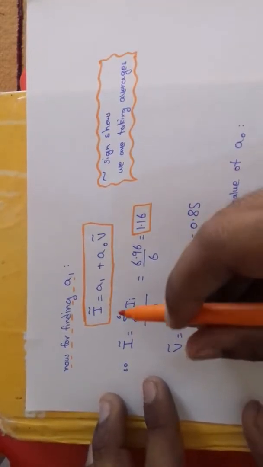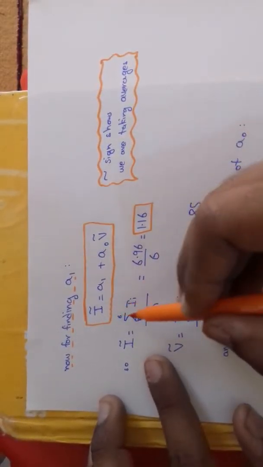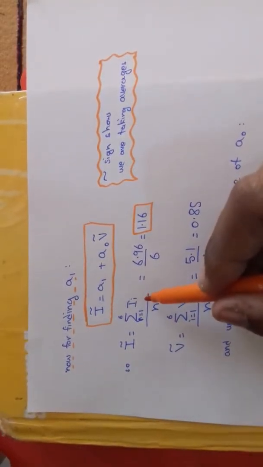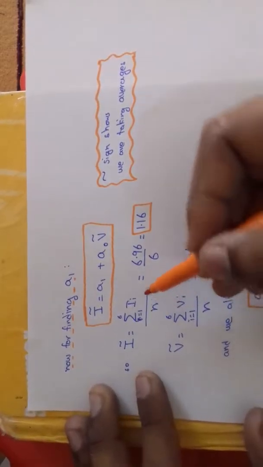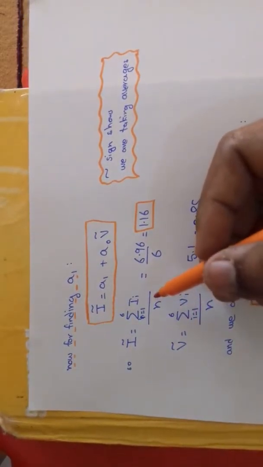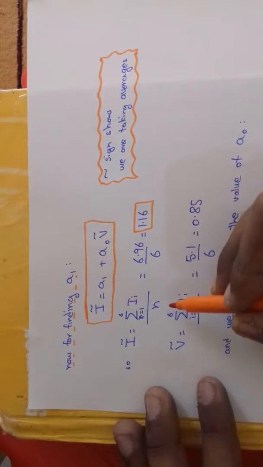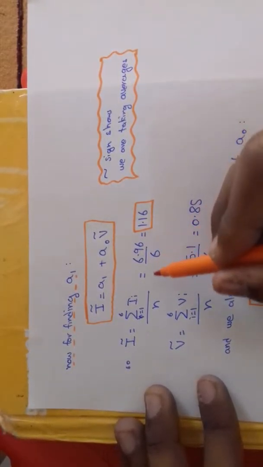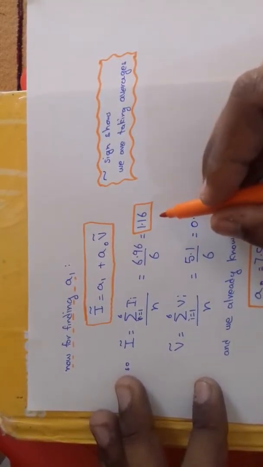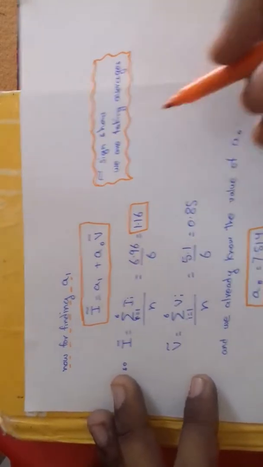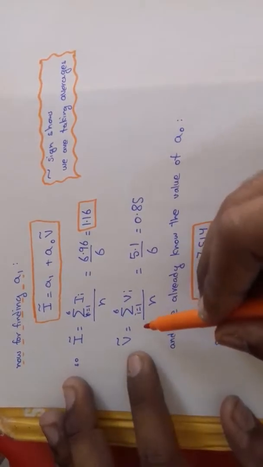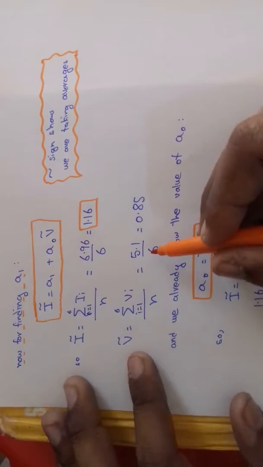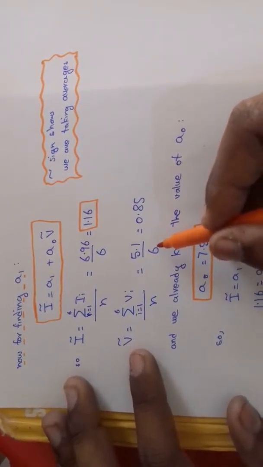For the average of I, we simply divide the summation of values of I taken from the table by n, that is 6. The summation of I was 6.96, and dividing by 6 gives 1.16. Similarly, the average value of v is 0.85, found by dividing the summation of v by n, that is 6.